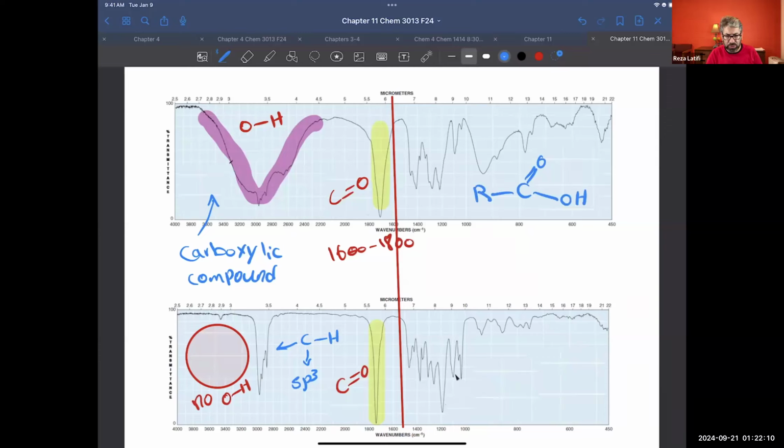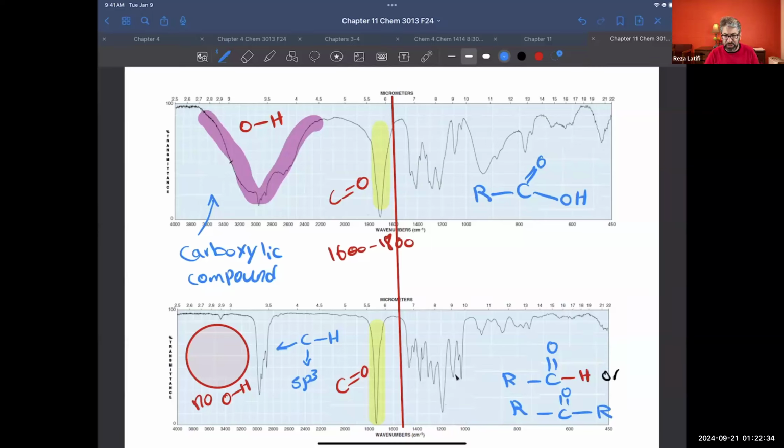For the second one, the only thing I can say is that I have R and a carbonyl group there. Do I have H, or another R group attached?